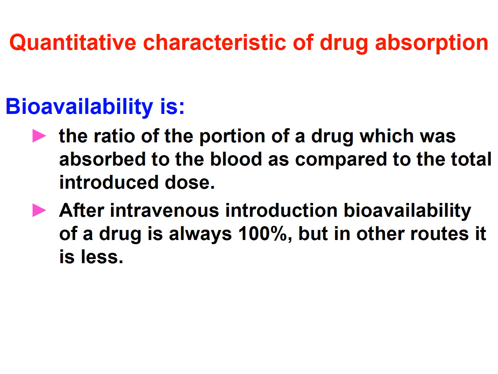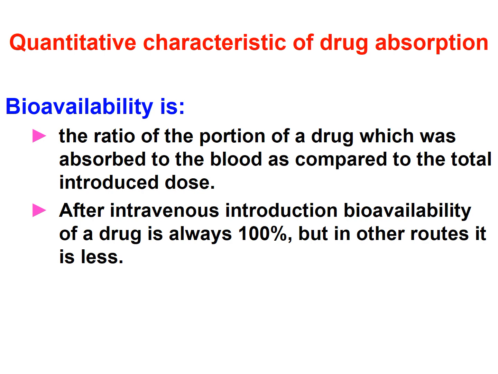The process of absorption can be quantitatively characterized by such a pharmacokinetic parameter as bioavailability. Actually, this word means the ratio of the portion of the drug which was absorbed to the blood as compared to the total introduced dose.